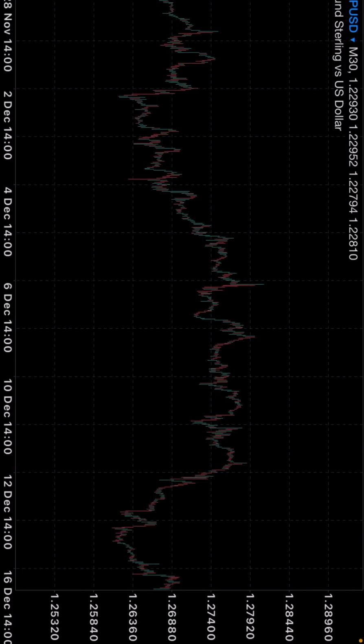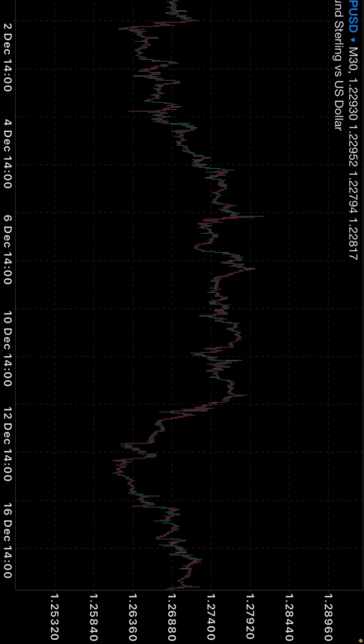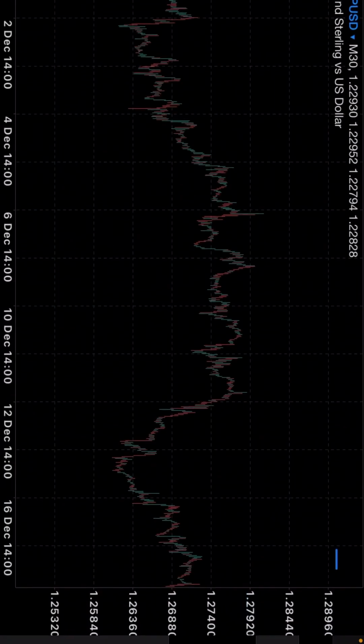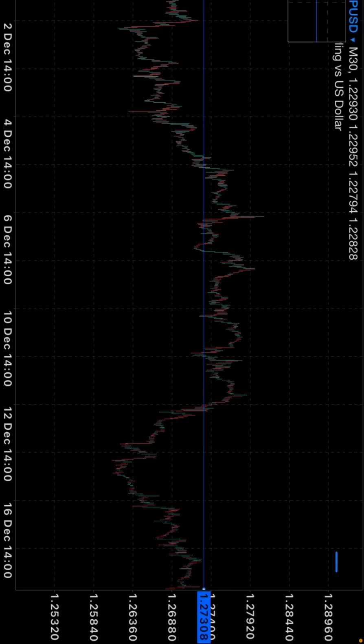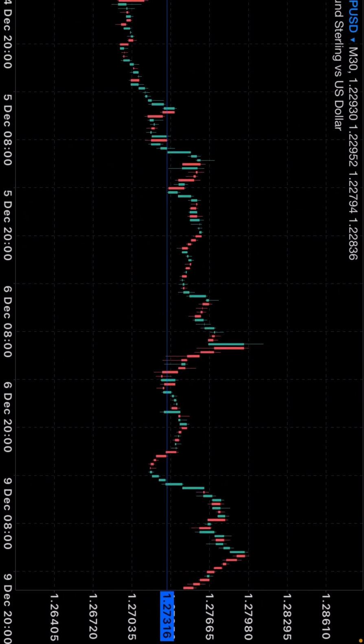We see the November trend, it was up, and then the December trend was down, right? Where did it start? It started after this level was broken. Let me just put a line here. It started after this level was broken, the blue line.